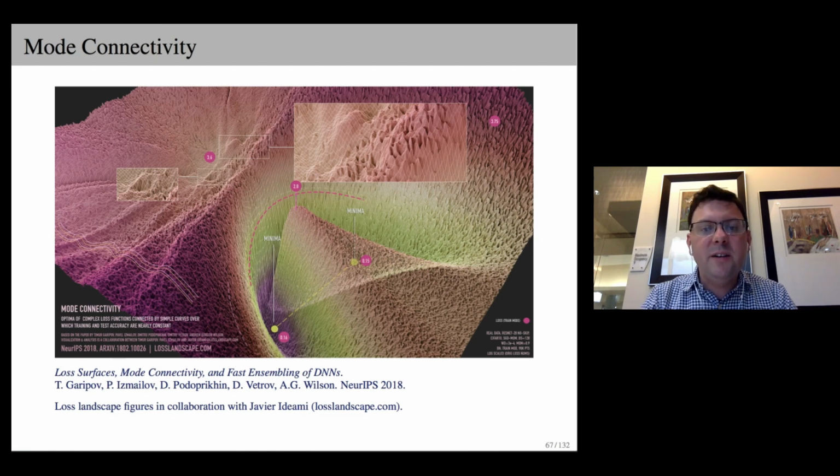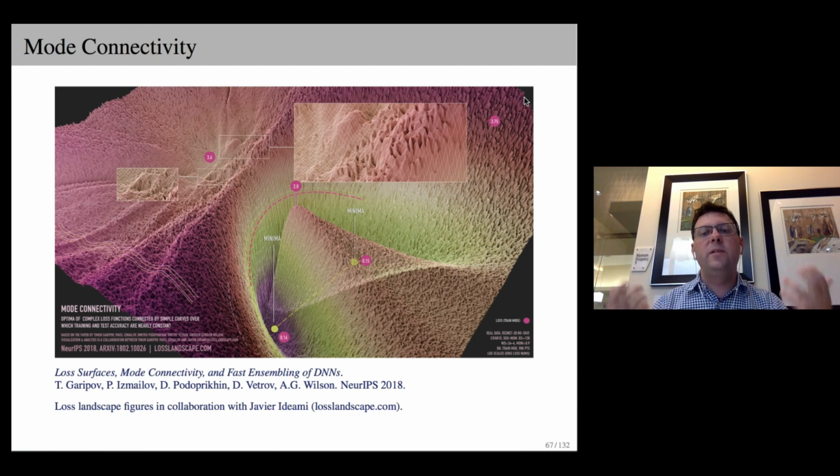So in this visualization, we have a two-dimensional slice through a very high-dimensional loss surface. Each point in this plane corresponds to an affine combination of three high-dimensional weight vectors, and the color is the value of the loss of that combination. These visualizations are in collaboration with Javier Ideami, losslandscape.com, a very cool website.